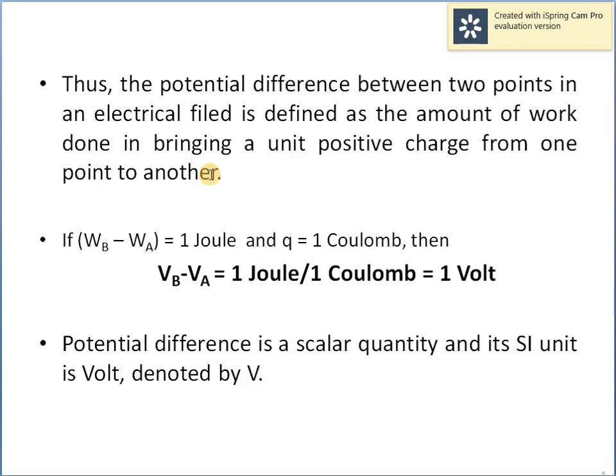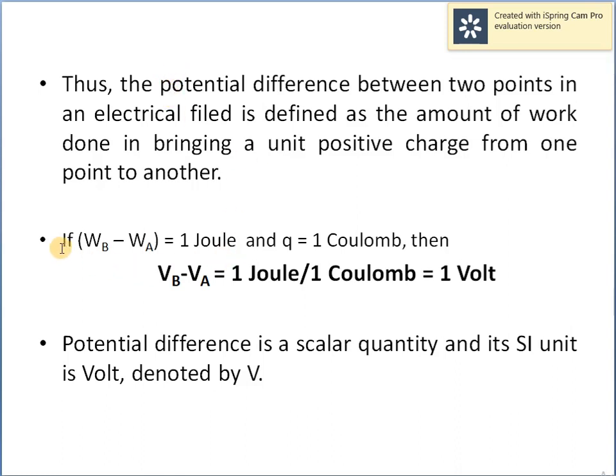The only difference is we are using potential difference instead of electric potential. So the potential difference between any 2 points in an electric field will be the amount of work done in bringing a unit positive charge from one point to another.